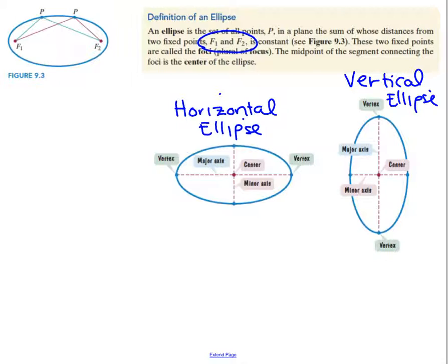The foci happen on the major axis. So if we had a foci point, it would be somewhere along this major axis. So we just call this somewhere in here F1, and then somewhere in here F2. Then you have a center point. Same thing here as your major axis here in the purple. Somewhere along in here you'd have a foci point and a foci point.